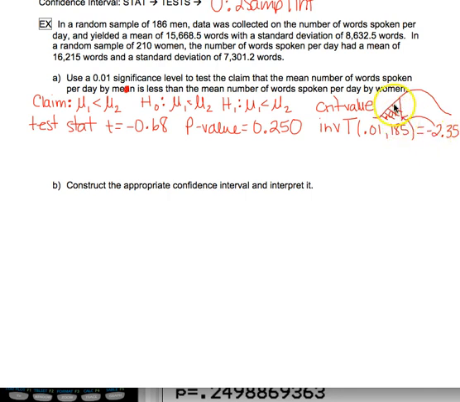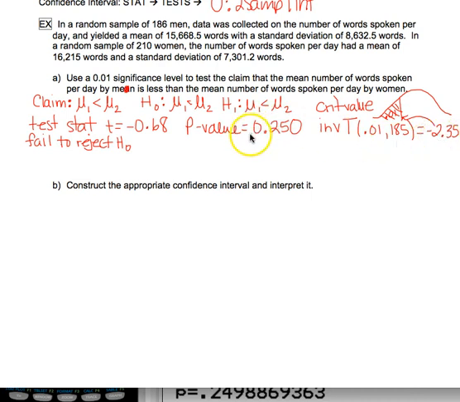So only values that are below that are going to be in the rejection region. Negative 0.68 is not in that rejection region, so we would say that we are going to fail to reject our null hypothesis in this case. For critical value method, it's because our negative 0.68 is not less than this guy.